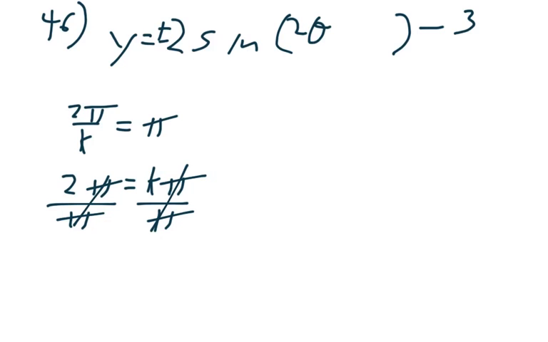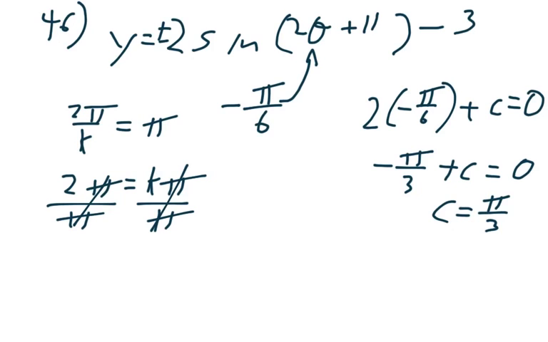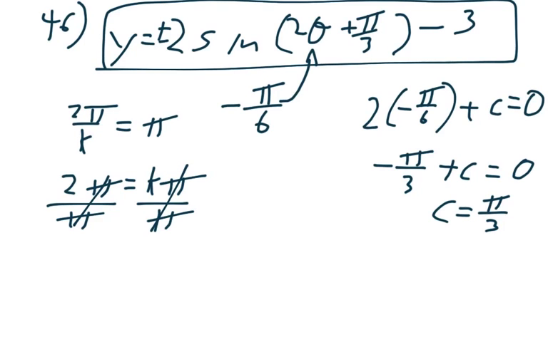Now, since the shift is left, that is negative pi over 6, and I'm going to put that in there. So 2 times negative pi over 6 plus c equals 0. Well, 2 times negative pi over 6, if I do 2 times 1/6 in my calculator, it turns out to be negative pi over 3. So c equals positive pi over 3. And there's my answer for 46.